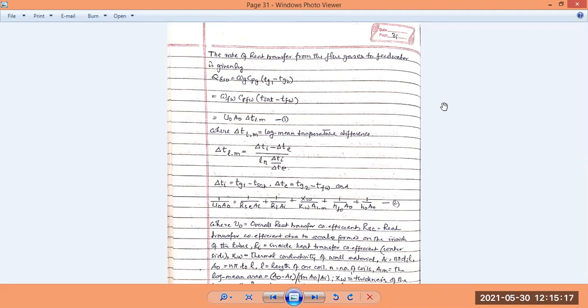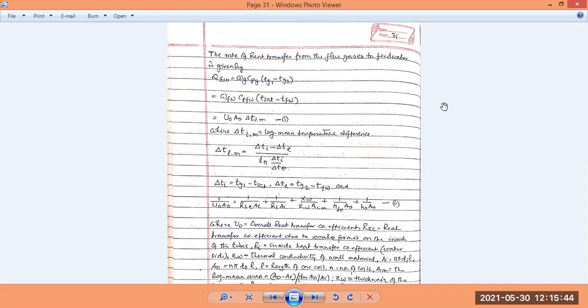Delta Tm is the log mean of the temperature difference, which is given by delta Ti minus delta Te divided by log e of delta Ti by delta Te. Here delta Ti is the temperature of the gas at inlet minus the saturation temperature, and delta Te is the temperature of the gas at the outlet of the economizer minus the saturation temperature.